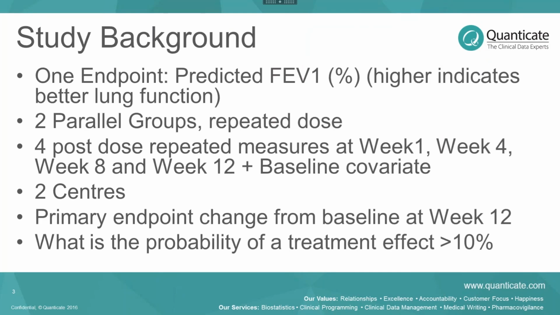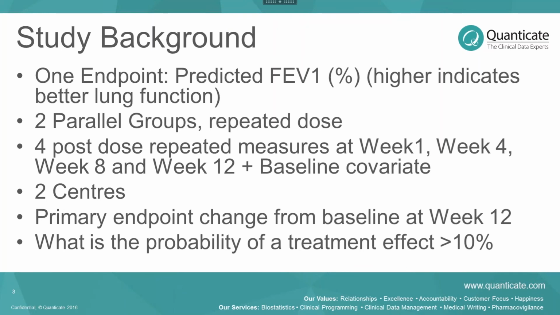Okay, so the example study, we started off looking at one endpoint, which was the predicted FEV. So we want that to be high because that will indicate a better lung function. Two parallel groups, so active and placebo.